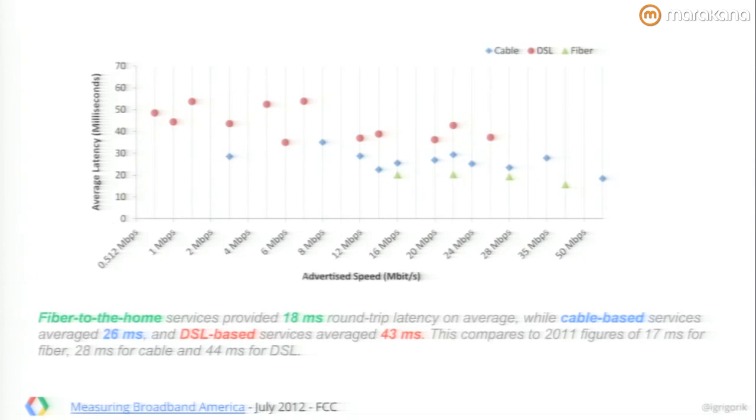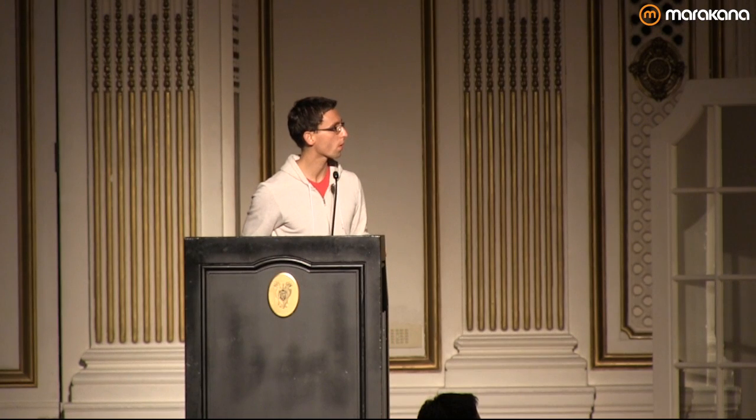So this is just the latency between you and the core network, not even to the destination site. And they're finding that on average, if you have fiber at home, it's 18 milliseconds. For cable, 26 milliseconds, DSL, 43 milliseconds. So this kind of gives you a feel for what you're getting in terms of broadband performance. And we'll see why latency is, in fact, one of the crucial metrics for us moving forward.